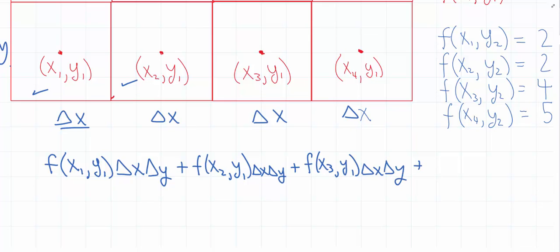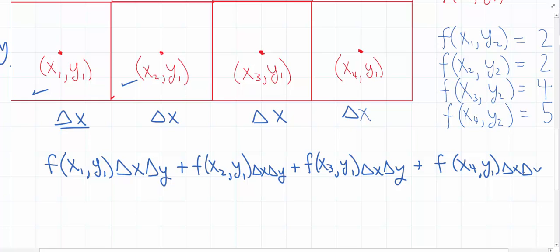And then finally, the next one, f of x4, y1, delta x, delta y. Now, notice the y hasn't changed. I've fixed y, right? It was y1 for each one of these, y1, y1, y1, y1. The x is incremented, right?